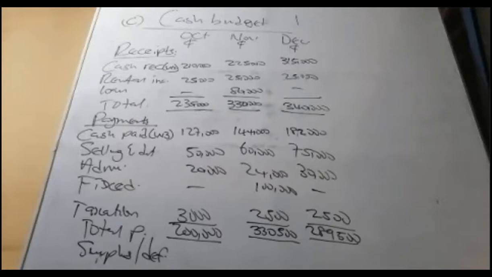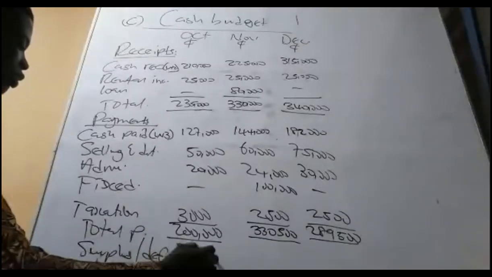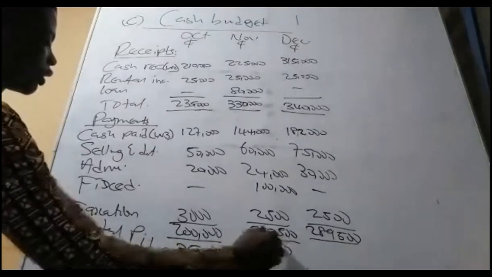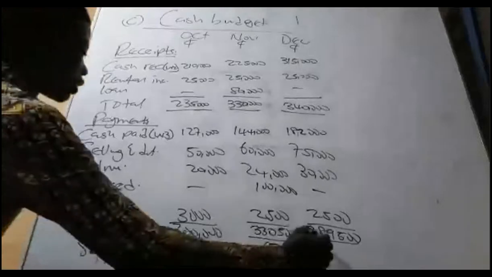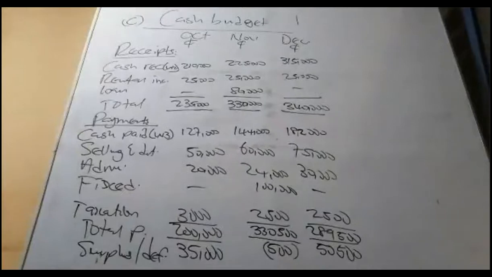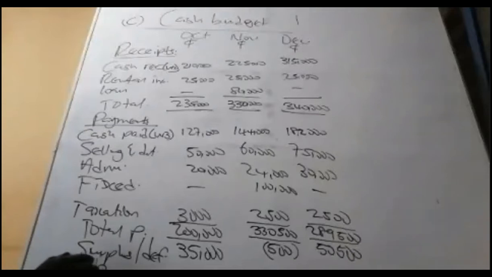Now let's continue. You get a surplus of 35,000. So 35,500 deficits. Great. Then you get something like 50,500. Good. Then you bring the opening balance.